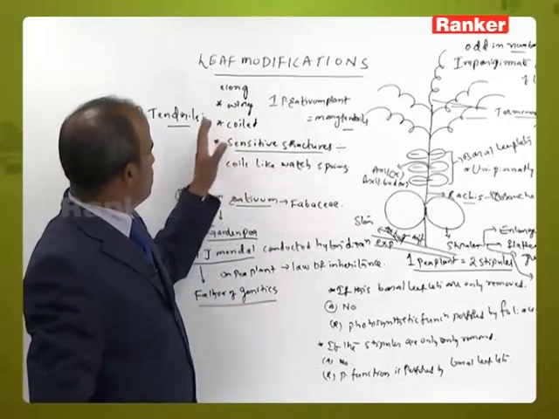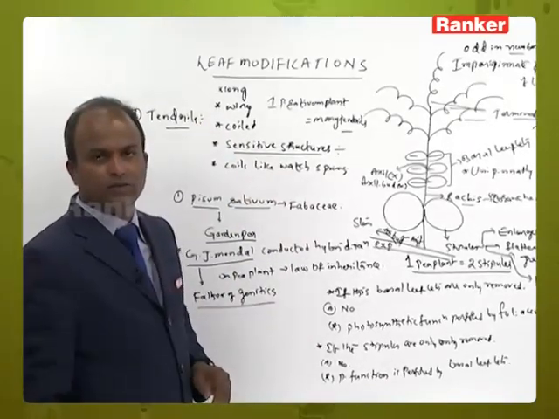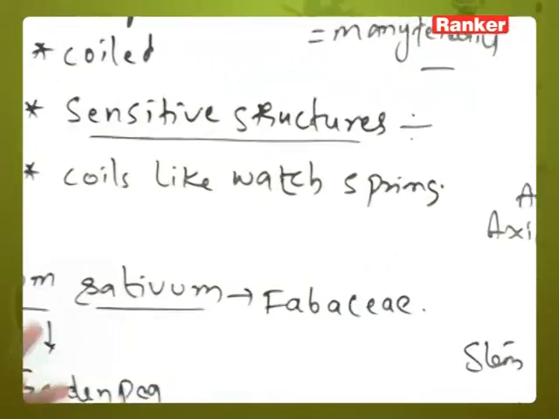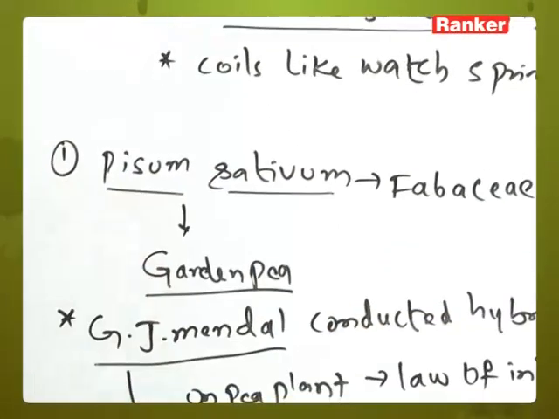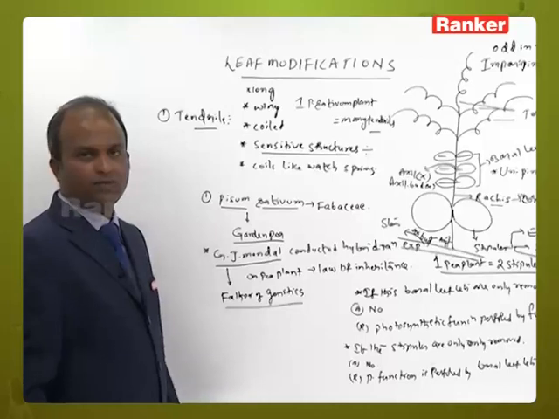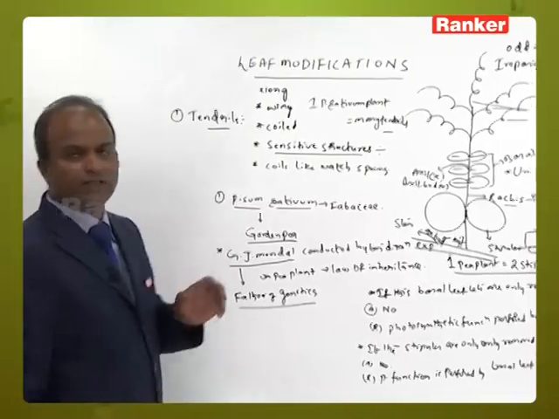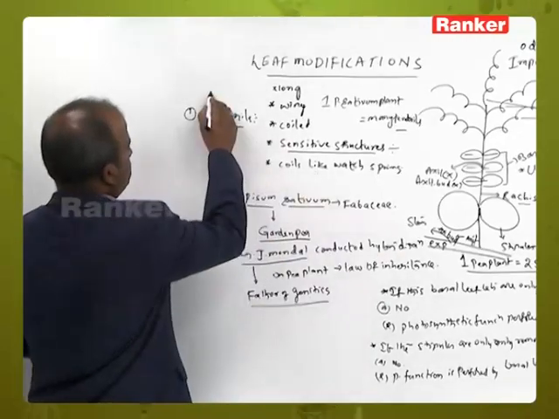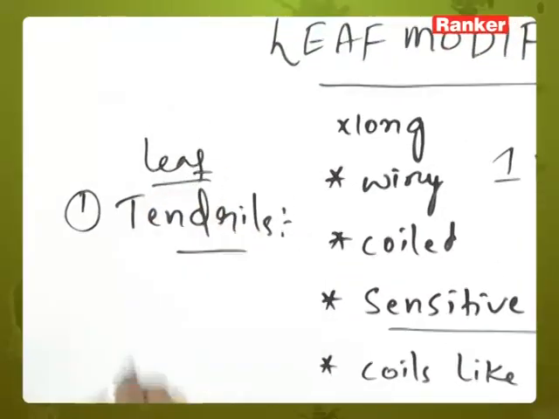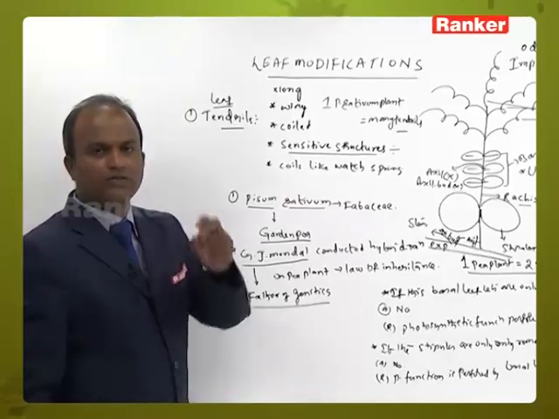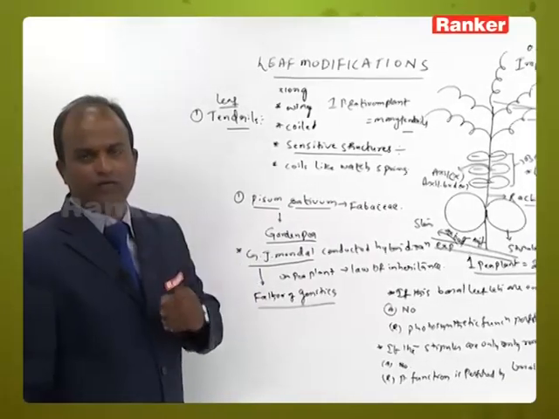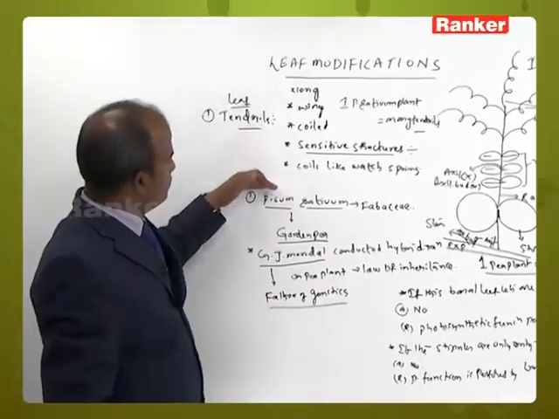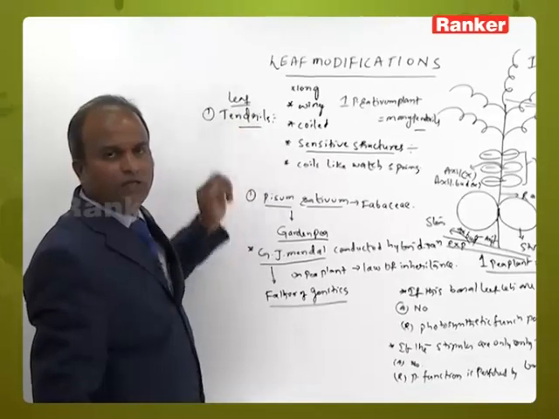So this is about tendrils. The example I took is Pisum sativum. Can we call this leaf tendrils? Yes, it is called leaf tendrils. Why? Because we are studying leaf modifications, and in Pisum sativum it always shows leaf tendrils.